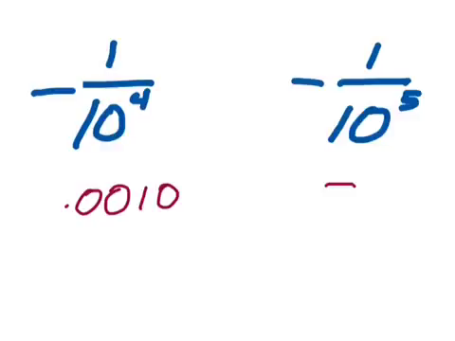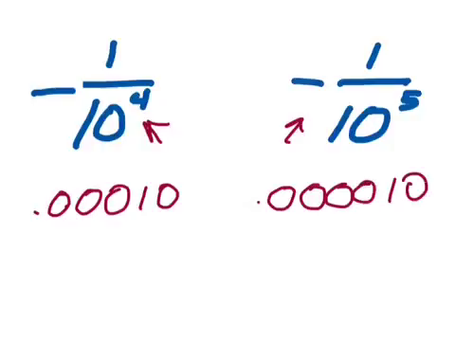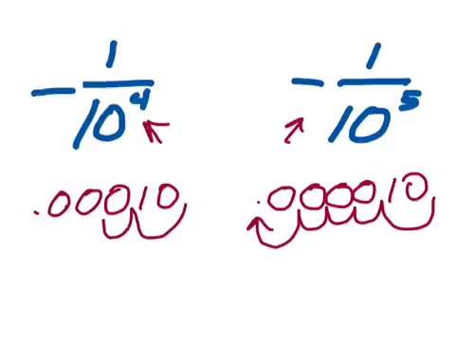Whatever the case is, we'll assume I'm telling you this correctly, because no matter how many zeros there are, this one is going to have one more zero in front of it than the other.